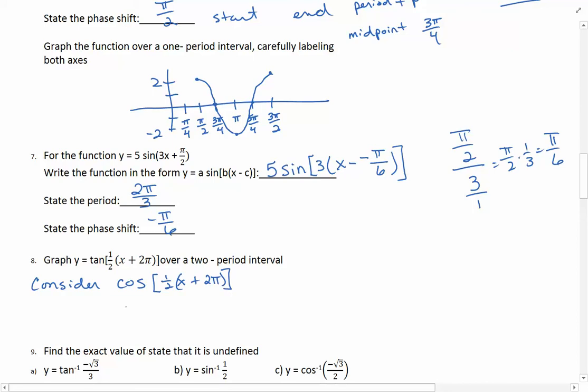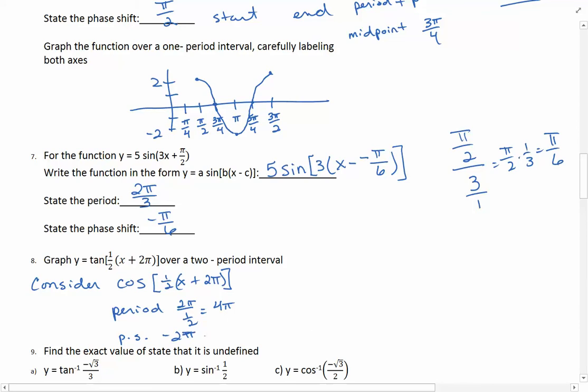So this has a period of 2 pi over 1/2, or 4 pi, and it has a phase shift of negative 2 pi, because the plus there is going to make it, you think of it as minus a negative 2 pi.